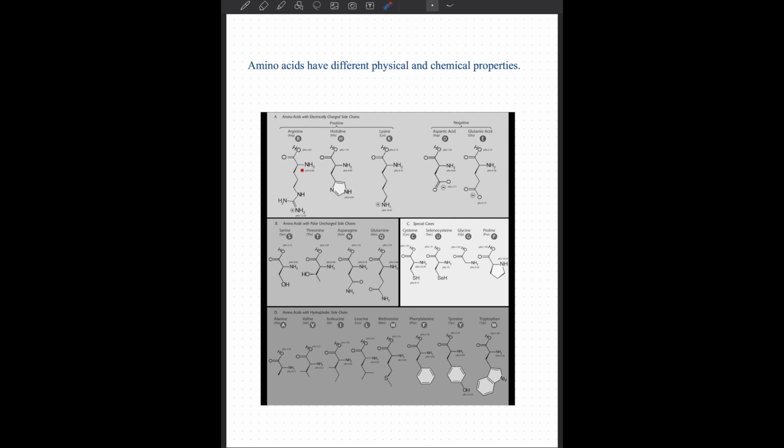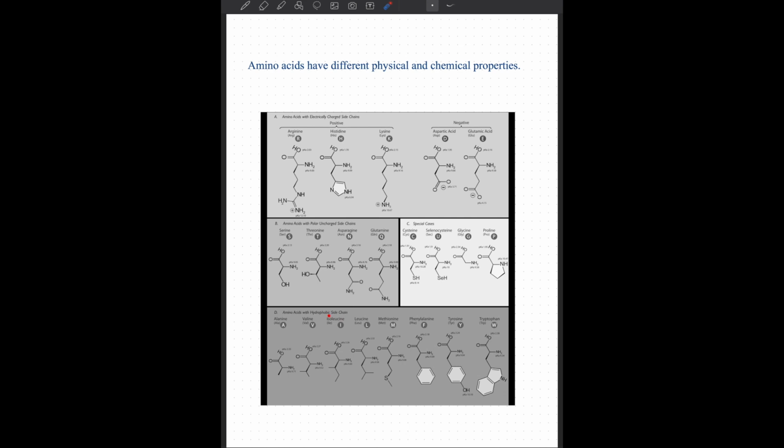We don't usually choose to model coding regions at the nucleic acid level. Instead, we use amino acids at that level, so the translated nucleic acid sequence. Amino acids certainly have different physical and chemical properties, and we can split them by their side chain charge, positive, negative. You can split them by the polar side chains, special cases, and then finally hydrophobic side chains.